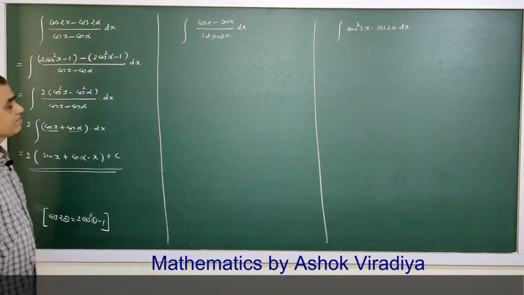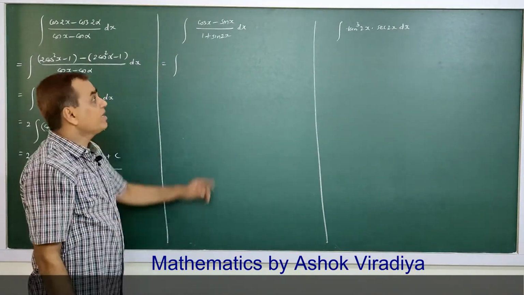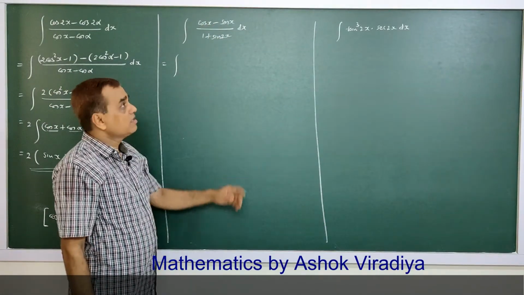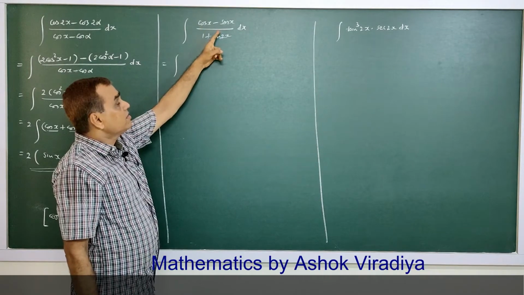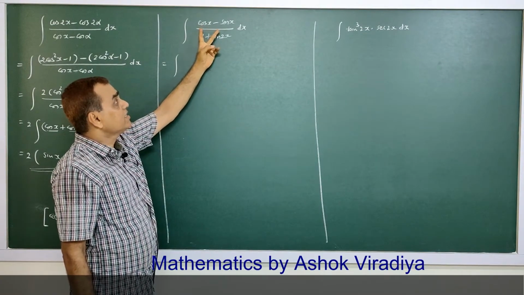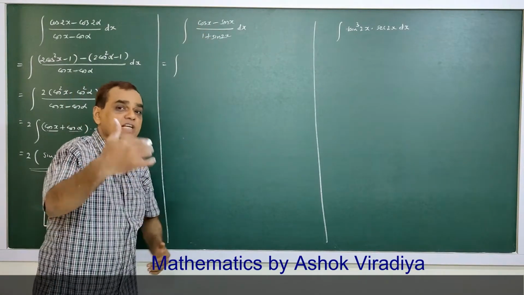Now here, see, numerator is cos x minus sin x, and you can see that cos x minus sin x is derivative of sin x plus cos x.